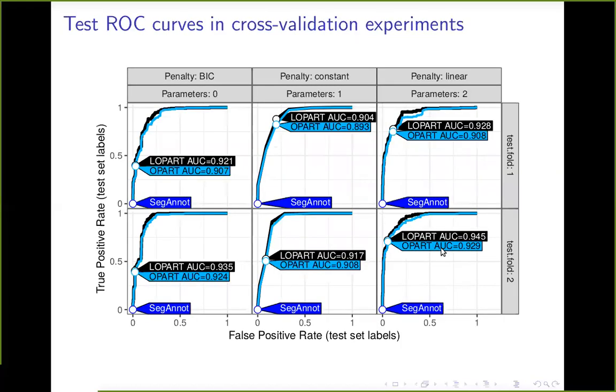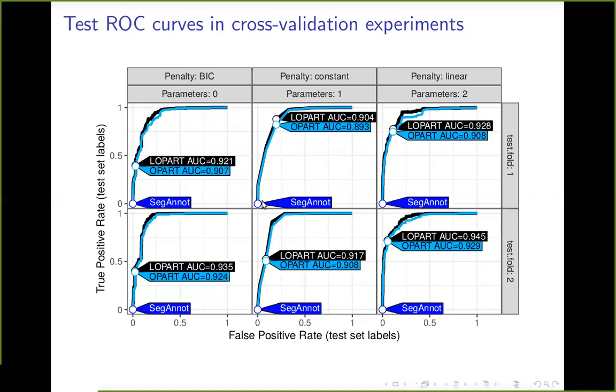And so the last analysis that we did in the paper is the analysis in terms of ROC curves in cross-validation experiments. Similar to the previous figure, I have plotted the different penalty learning strategies in the different panels going from left to right, and then the different test folds in the panels going from top to bottom. And here every algorithm is represented by a different ROC curve or dot.